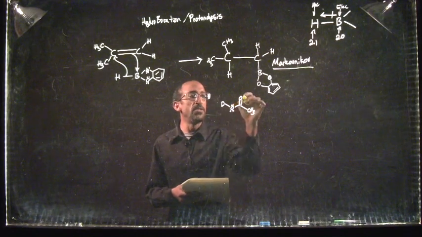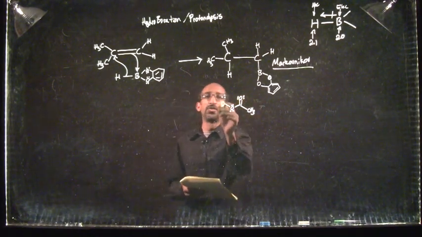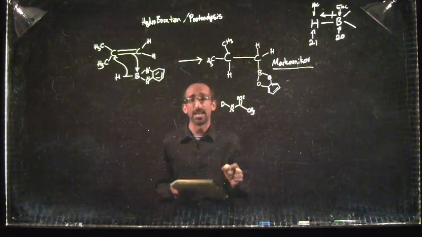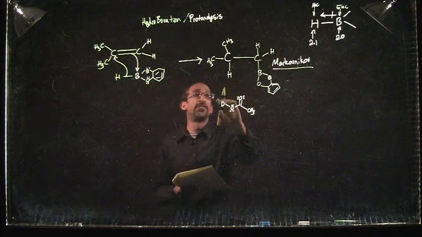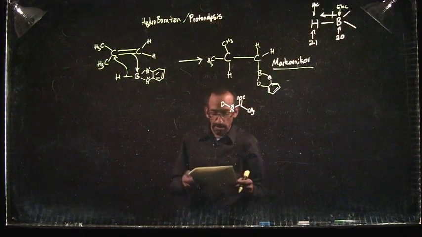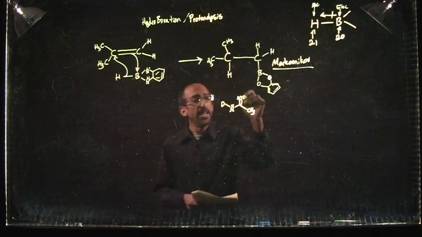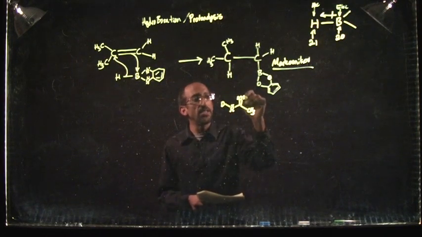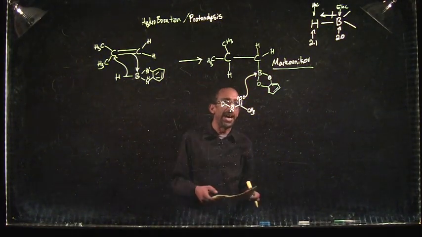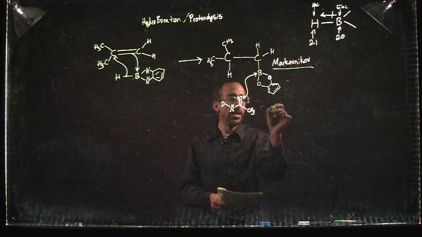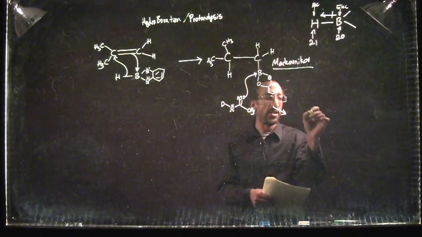Here now I am using an acetic acid derivative that has deuterium in the place of the acidic hydrogen, so that we can see how this operates, and we're going to see that the deuterium actually ends up where that boron is. So in the first step, it is actually the carbonyl oxygen that comes in and adds into that boron atom to form a Lewis adduct, which is going to look like this.